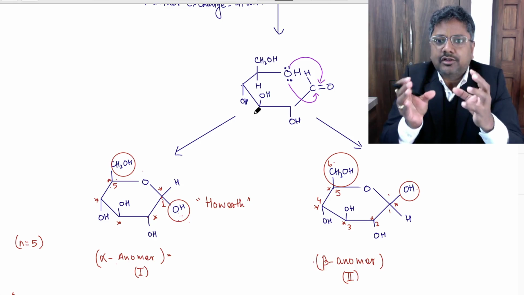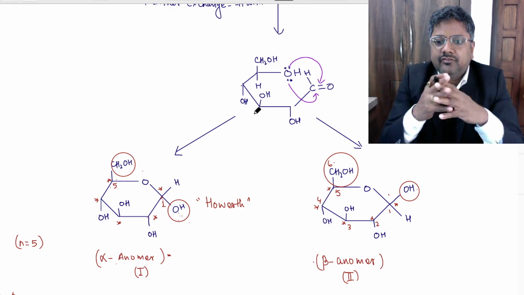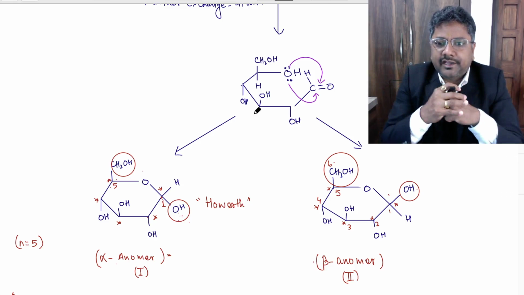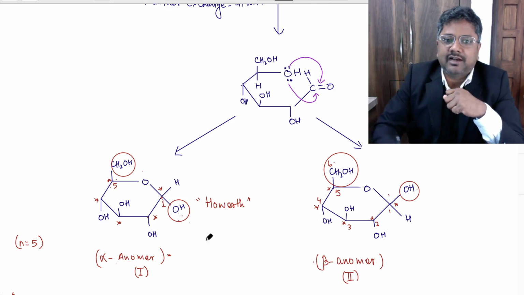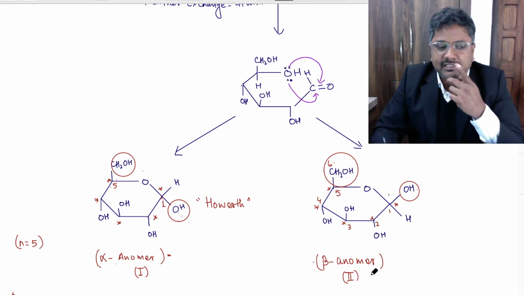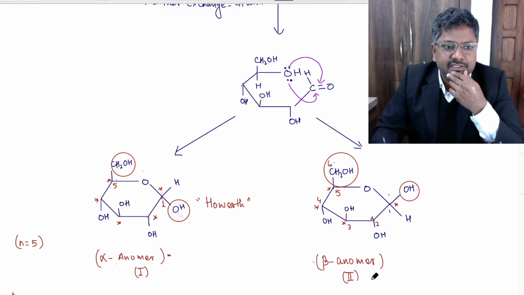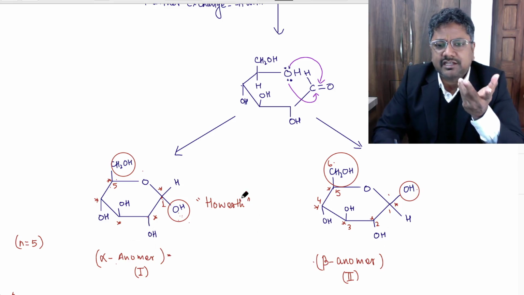Means the pure glucose, what you are getting from the market, that D-glucose, is not a pure substance. That is a mixture of this alpha and beta. And I think beta contributes approximately 63%, and 36 or 37% is this, and a little bit open chain structure.